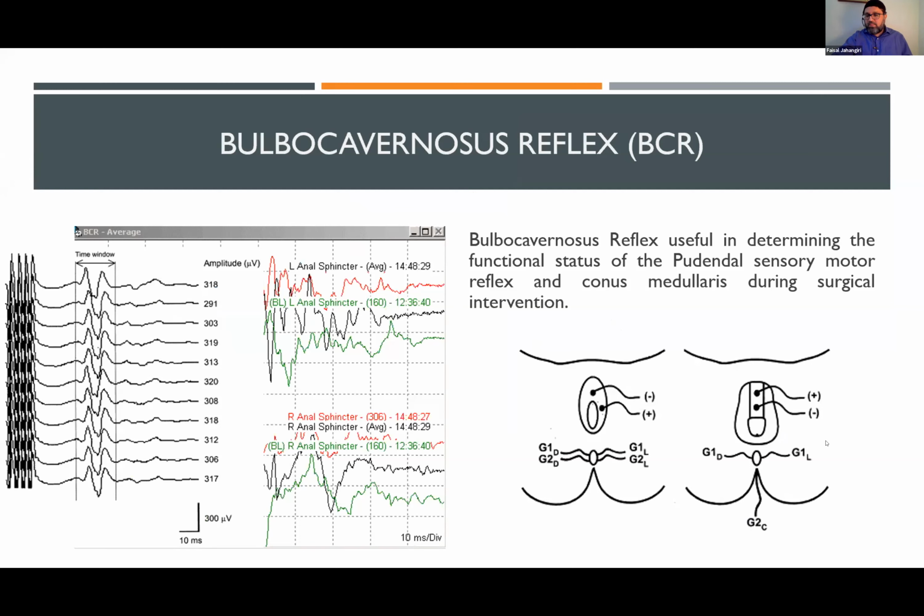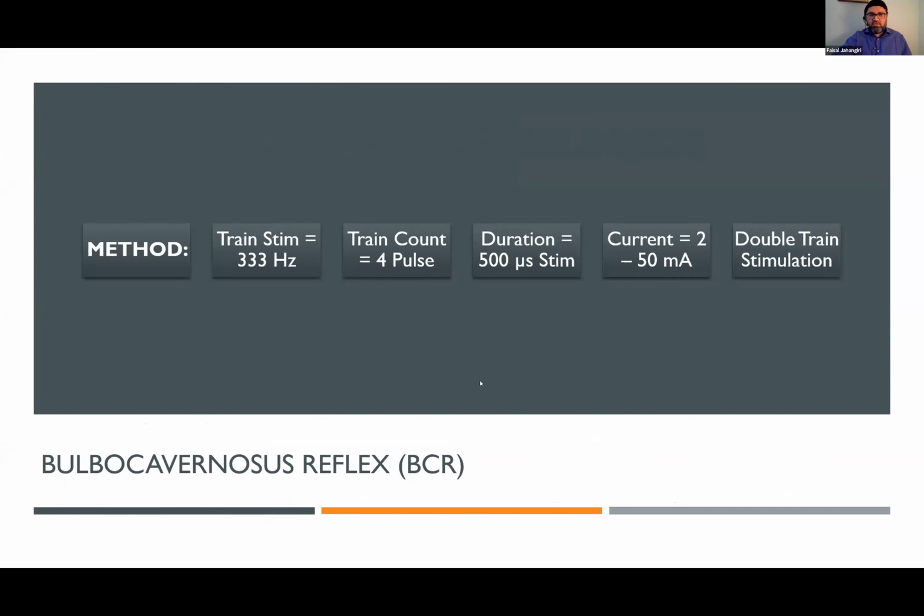We do it by stimulating the dorsal surface of the penis in male patients and inside the vulva in females, and recording from the anal sphincter bilaterally. The typical recommended stimulation parameters are an ISI of 3 milliseconds, or 333 hertz, with a train count of 4 or 5 pulses.